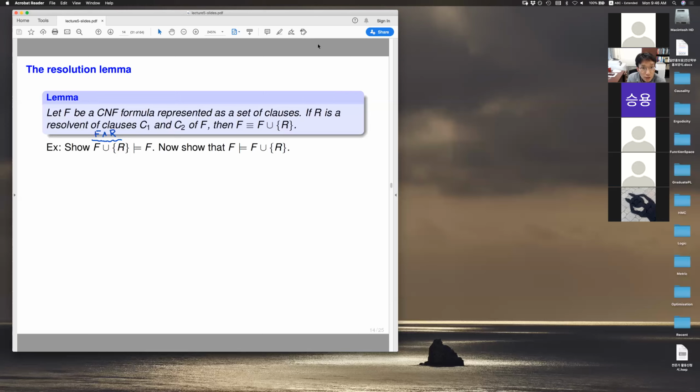Okay, so let's look at the proof. The next slide actually explains this, but I think handwriting is a bit better for the proof here.